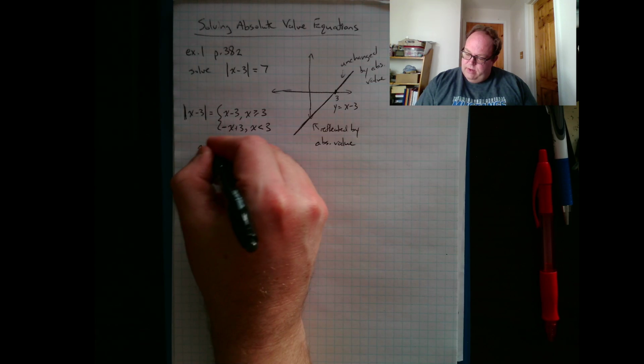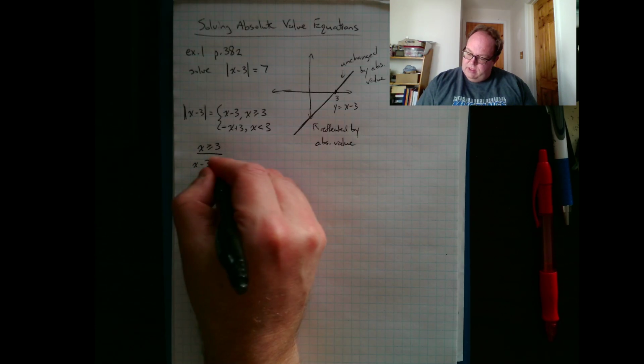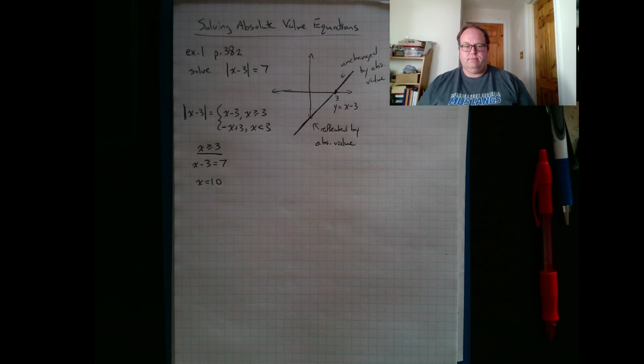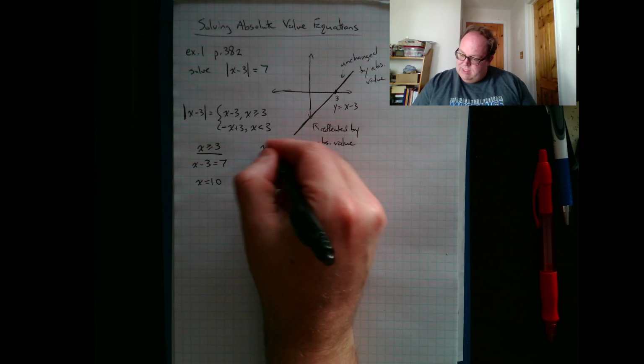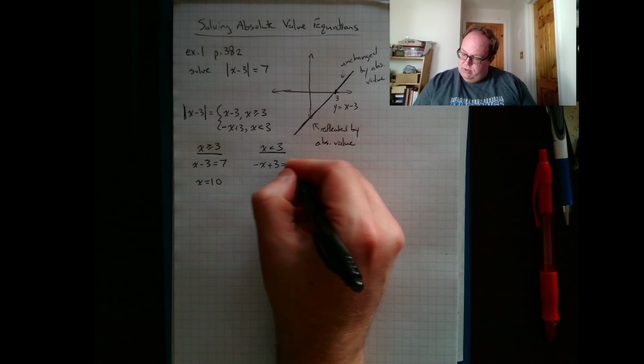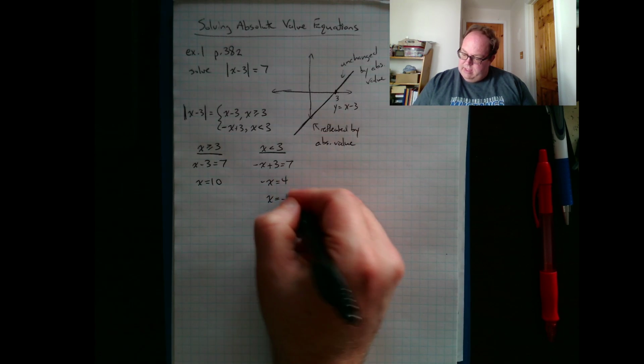If x is greater than or equal to 3, what I'm solving is x minus 3 equals 7, or x equals 10. If x is less than 3, what I'm solving is negative x plus 3 equals 7, or negative x equals 4, or x equals negative 4.